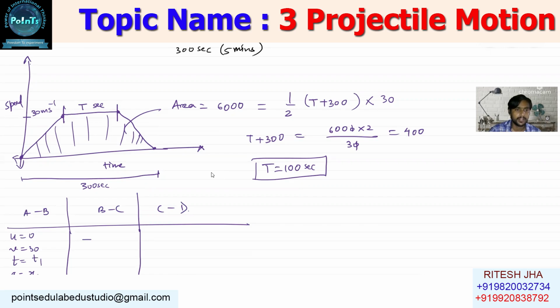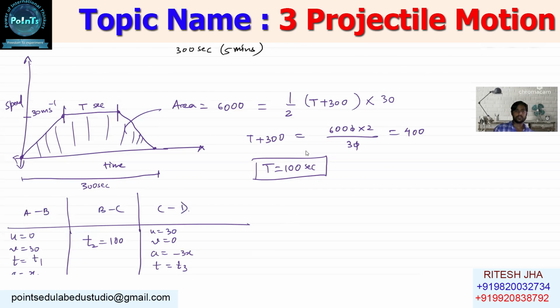We already know that T2 is equal to T, which is 100. And for the third one, u is equal to 30, v is equal to 0, a is equal to minus 3x, and the time taken, let's say, is T3. You agree?